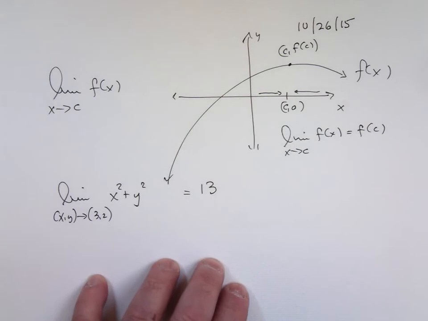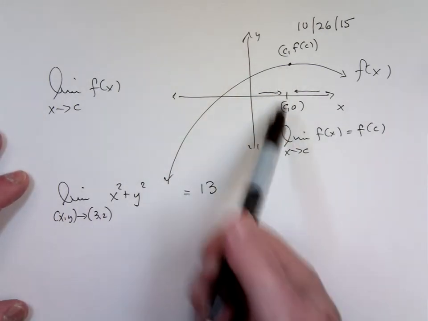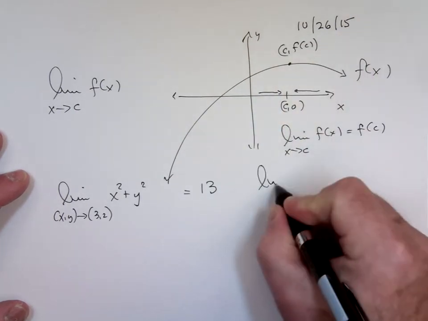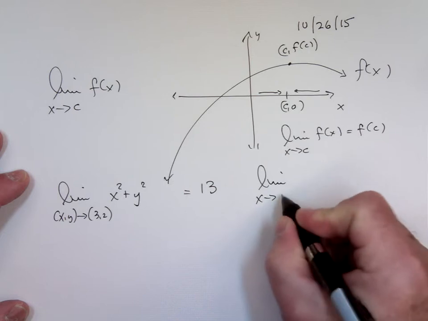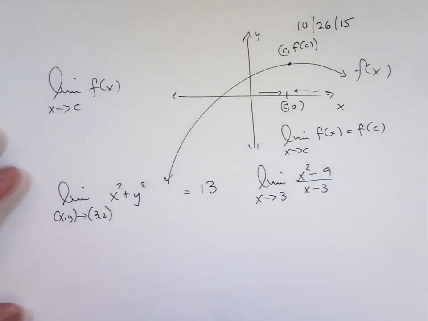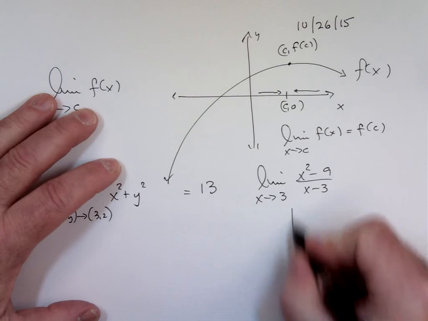However, in 3 space, as well as what you did in Calc 1, when was there a problem here? There was a problem back in Calc 1 when you had this kind of a limit. Okay? As x approaches 3. What's the graph of this thing look like, by the way?